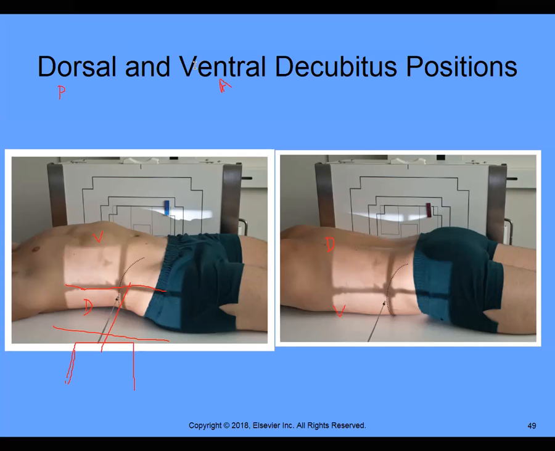So this one would be a ventral decubitus, and we would say that his right side is closest to the image receptor. This is the image receptor back here. So this would be a right ventral decubitus. Ventral because he's on his stomach, on his abdomen, face down. He's prone. So the side that is down is what gets mentioned or identified.